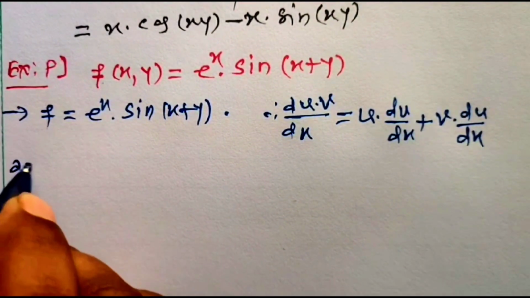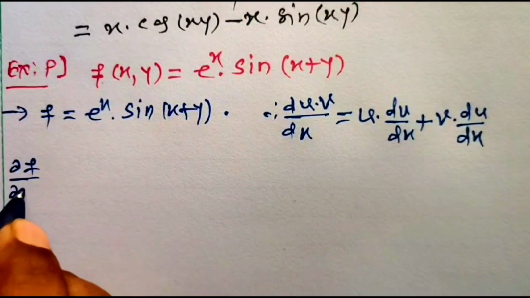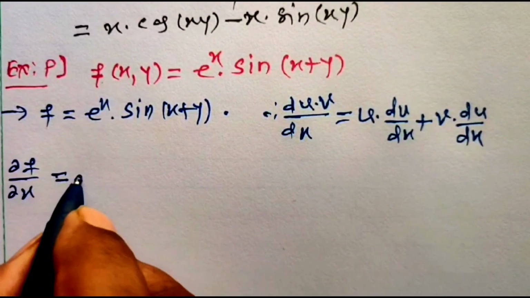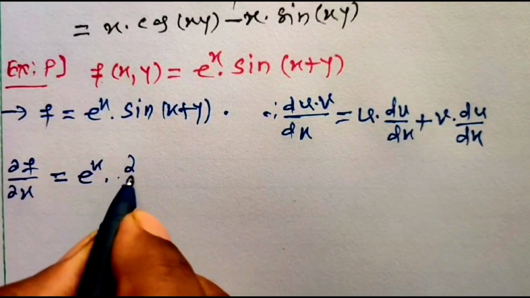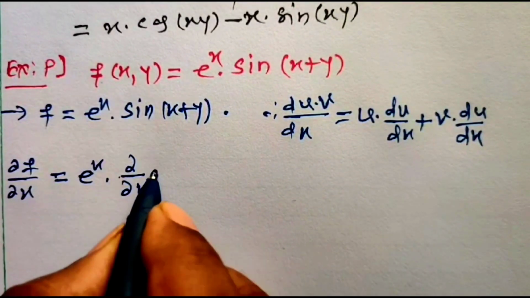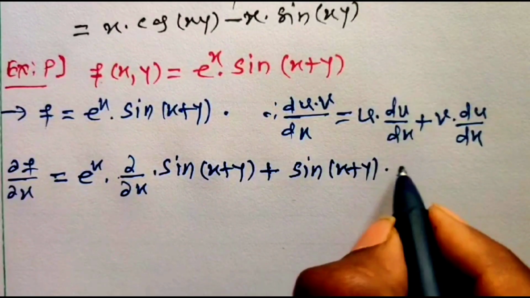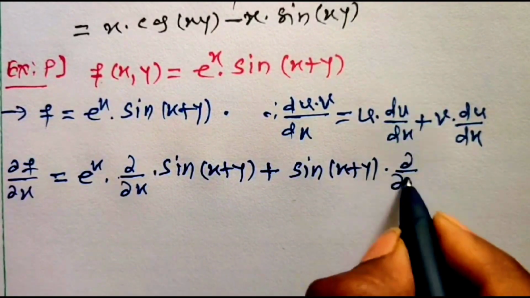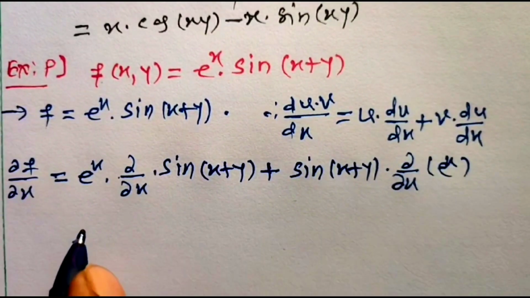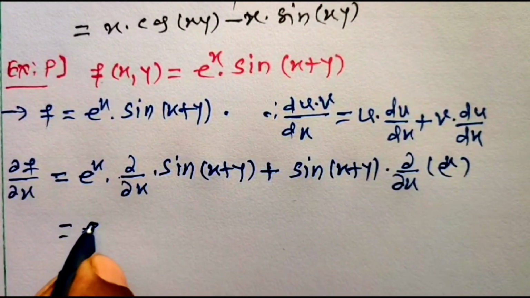Applying this formula, we can find the partial derivative of f with respect to x as well as with respect to y. The partial derivative of f with respect to x is equal to the first function as it is, partial derivative with respect to x of the second function, plus the second function as it is, partial derivative with respect to x of the first function. Now this is equal to e to the power x.